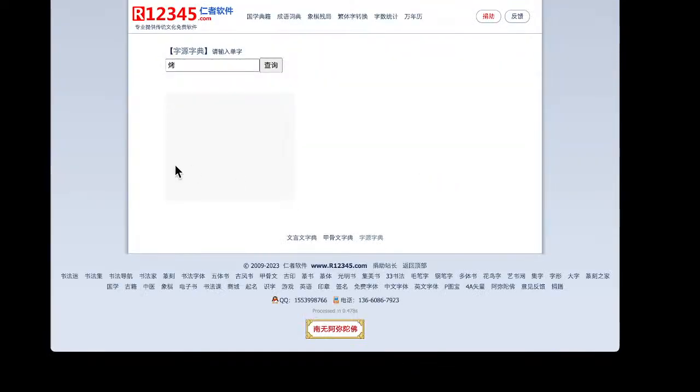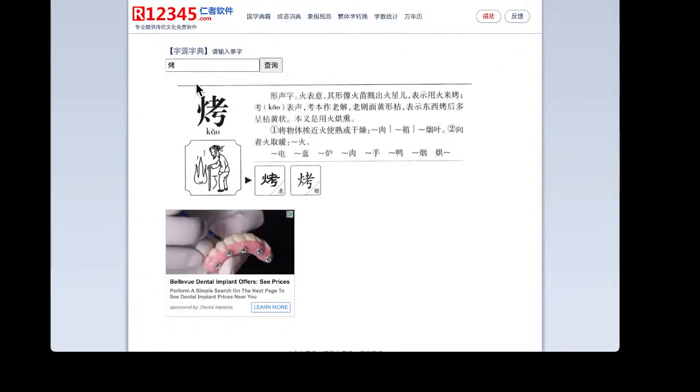Now let's take a look at the character. The fire radical, that's obvious, and on the right hand side is the character 考 for sound, obviously. The original meaning of 考 has a meaning of old.